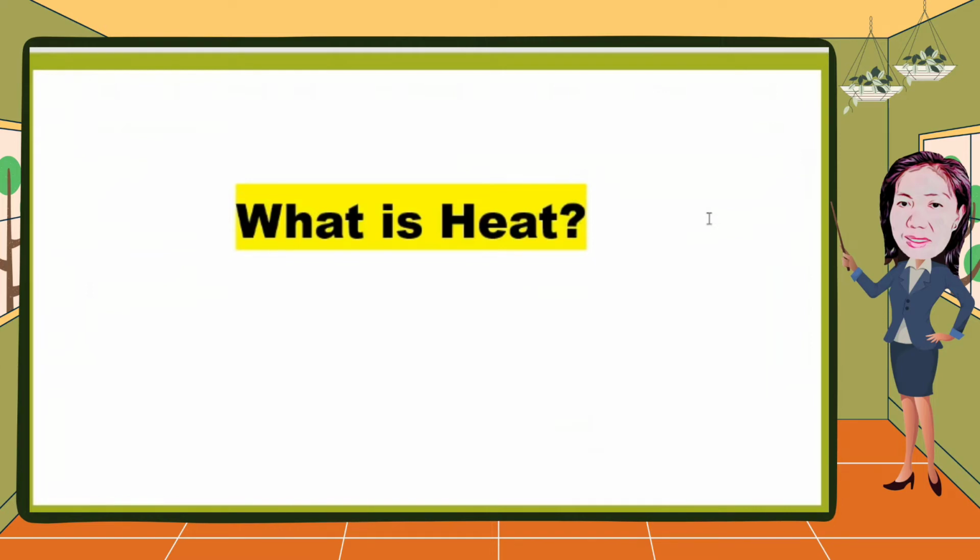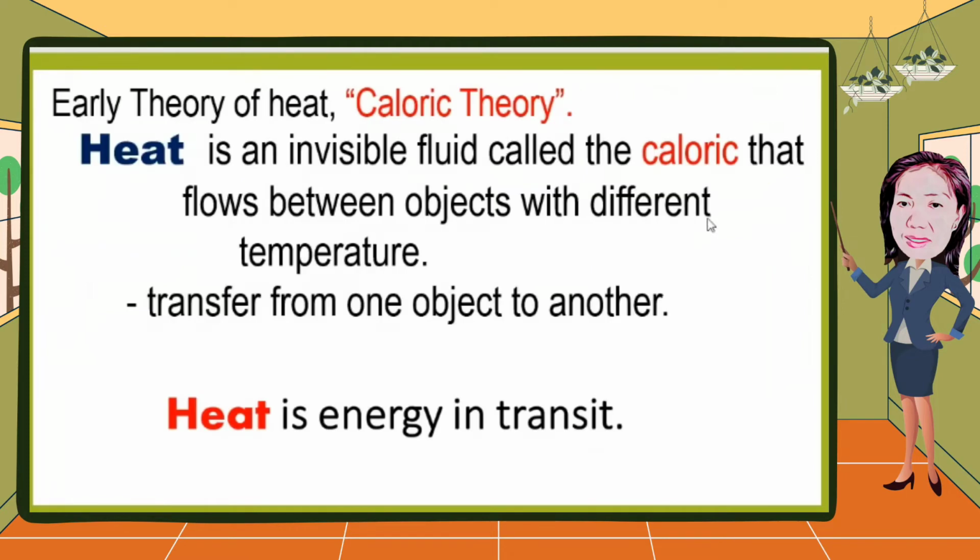What is heat? Okay. In the early theory of heat, the caloric theory, it said that heat is an indivisible fluid called caloric that flows between objects with different temperatures.